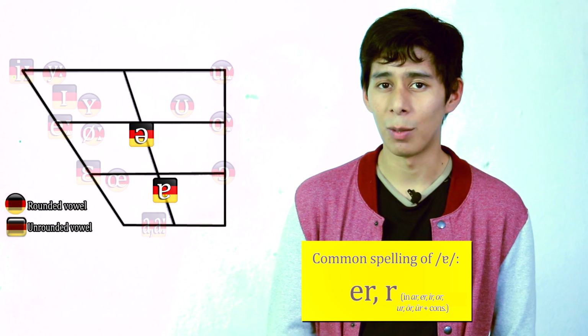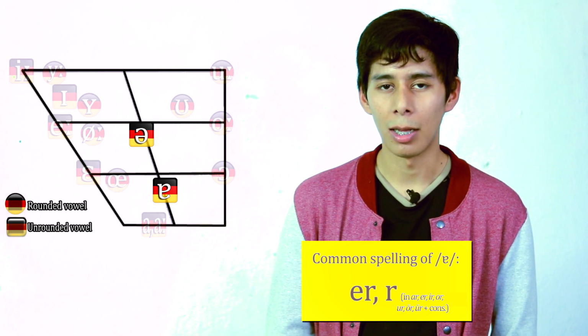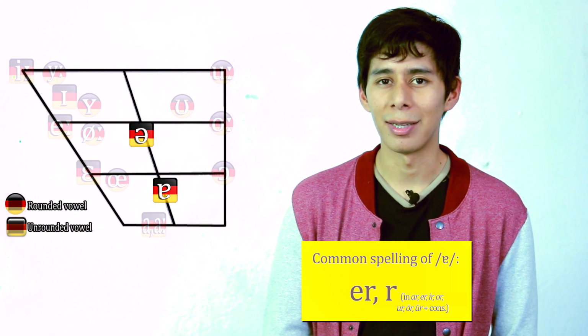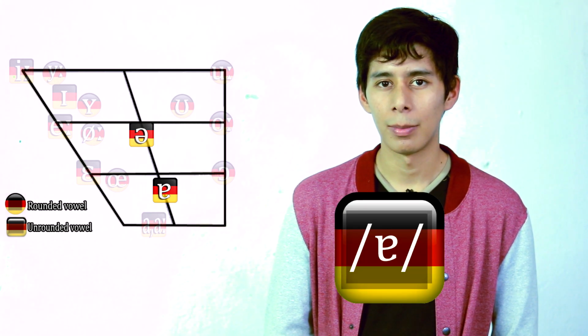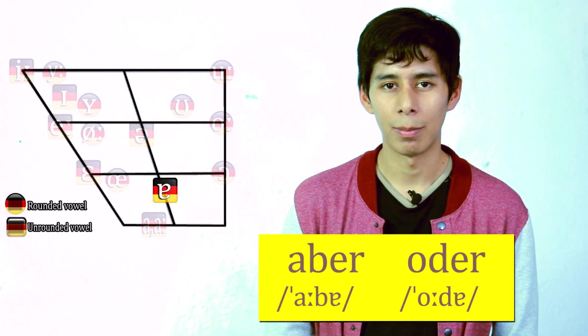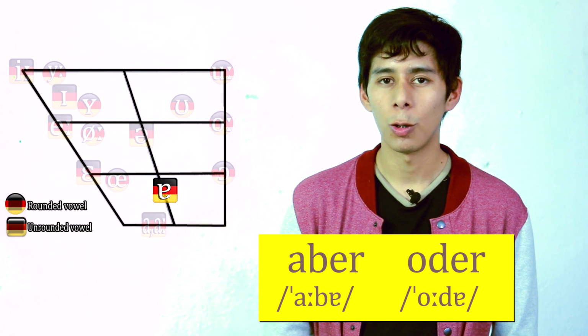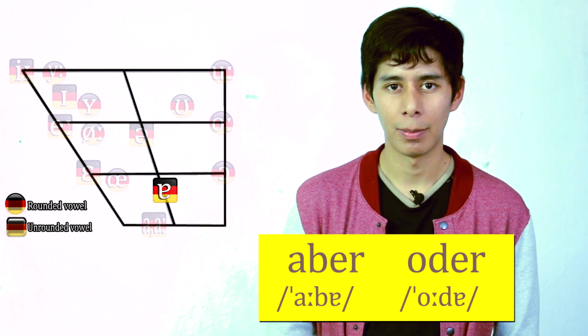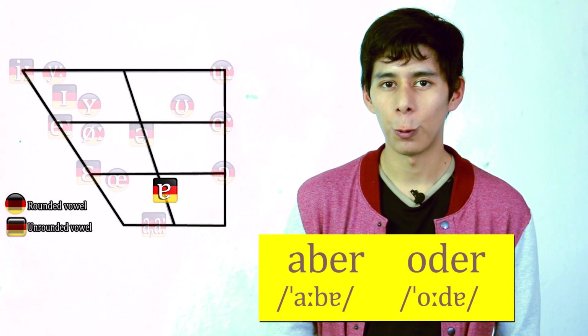In this case, a combination like ER, when the R is not pronounced, normally produces this sound. We find this sound in words like aber, oder.